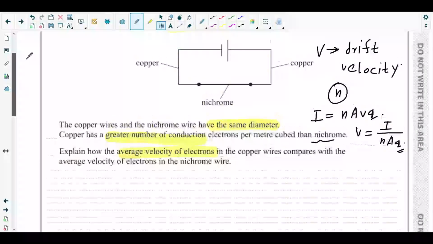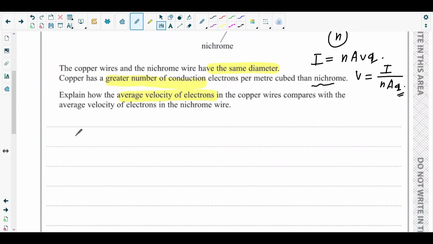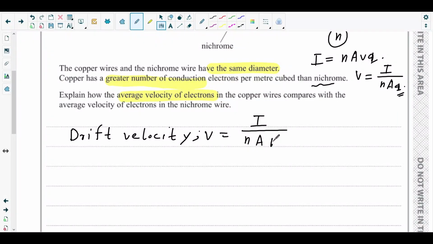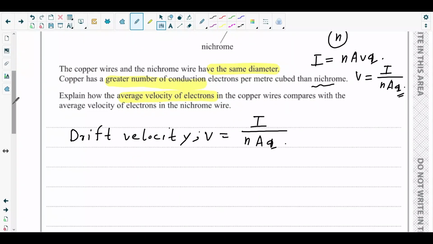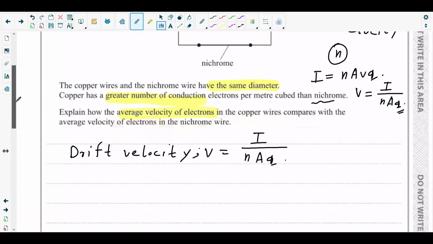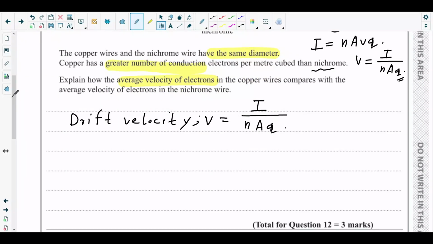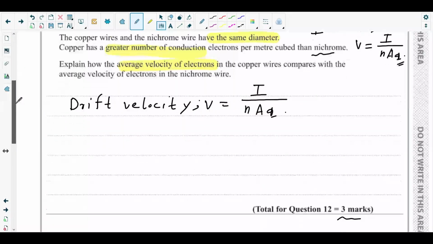So we know that v, that is drift velocity, the average velocity, equals I over nAq. Since the nichrome wire and the copper wire are in series, the current through a series circuit is constant.